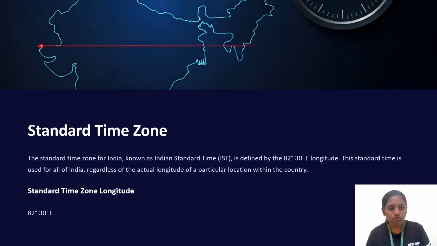The standard time zone for India, known as Indian Standard Time, or IST, is defined by 82 degrees 30 minutes east longitude. The standard time is used for all of India, regardless of the actual longitude of the particular location within the country. So the standardized time zone longitude is 82 degrees 30 minutes east.